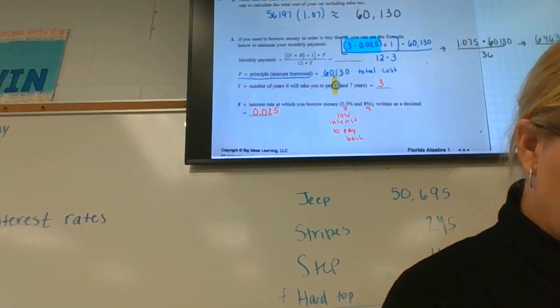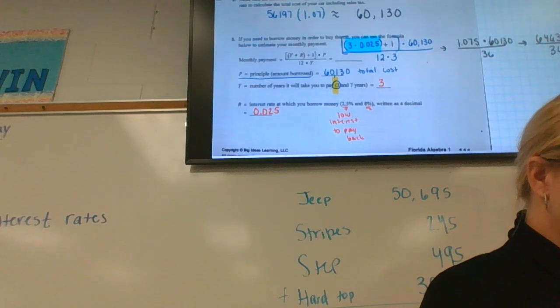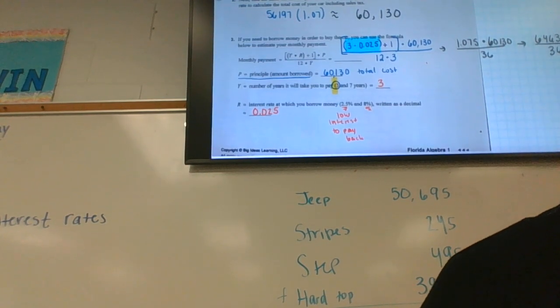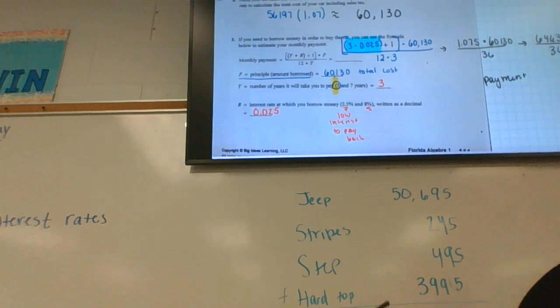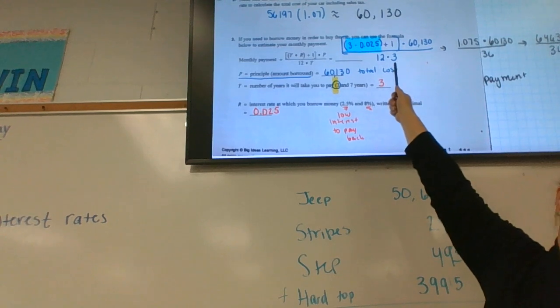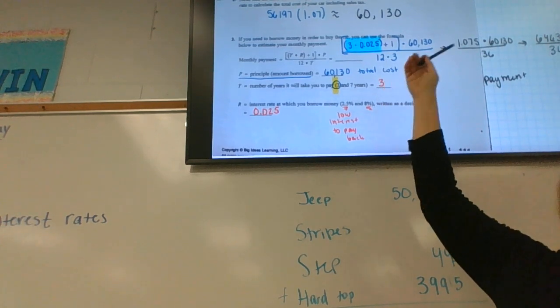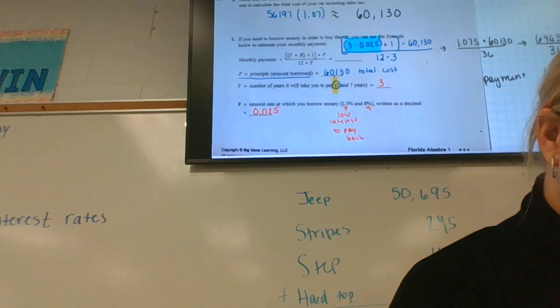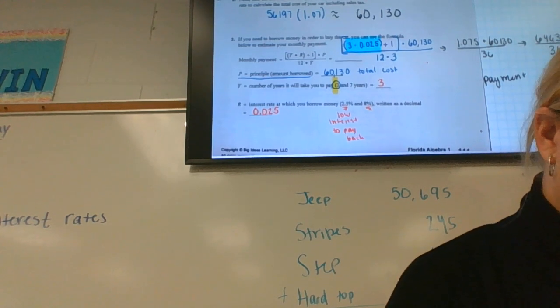All right, divide that by 36. Here's a moment of truth. Holy cow. Because we're doing 3 years first, and there's 12 months a year, so that's 36 total payments, and the payment is way too high.